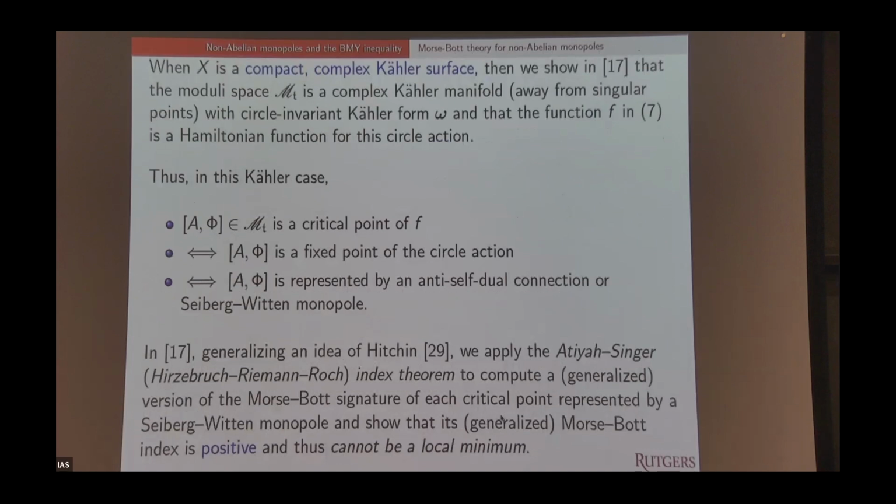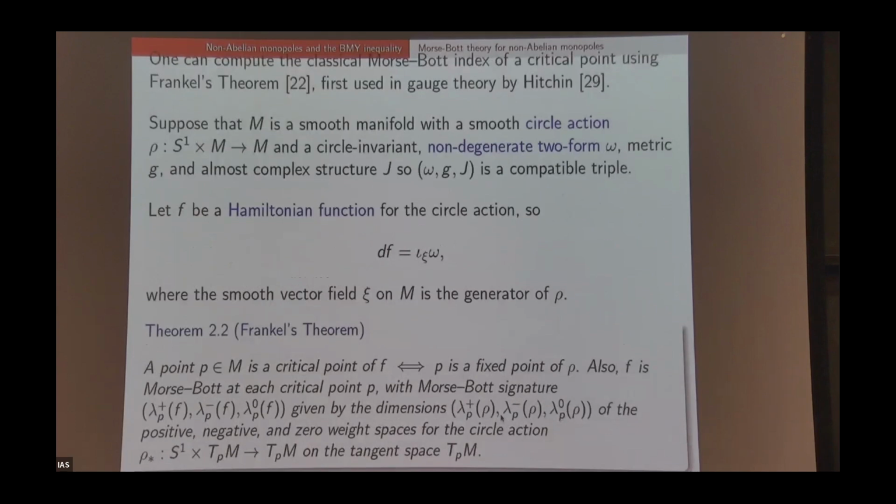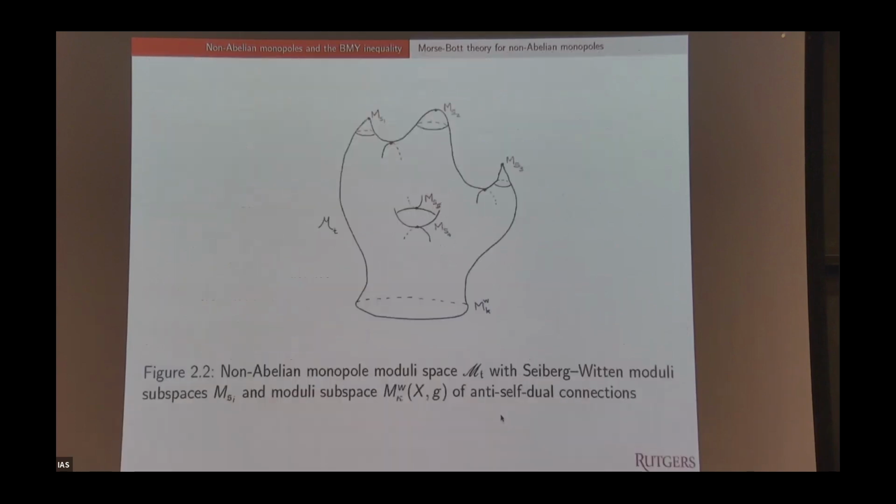I have a question. Yeah. Just from your picture, it looks like if you're able to compute an index at the Seiberg-Witten solutions, then you've actually shown the moduli space is non-empty. Well, we know there is a middle, if you will, in between the Seiberg-Witten moduli spaces and the anti-self-dual moduli space, by independent calculations.